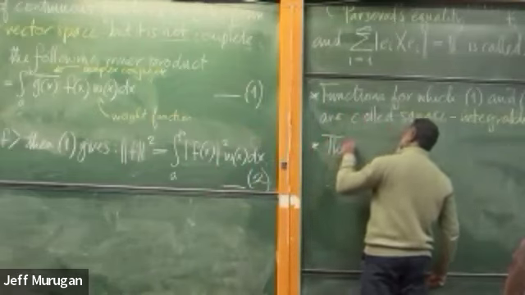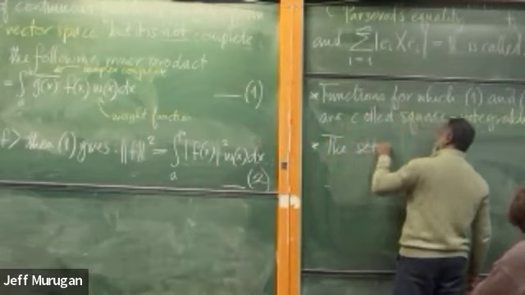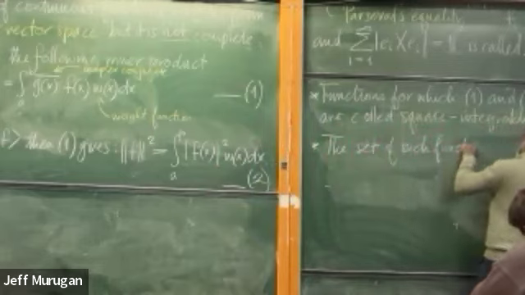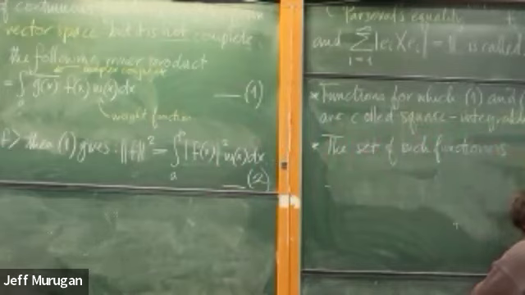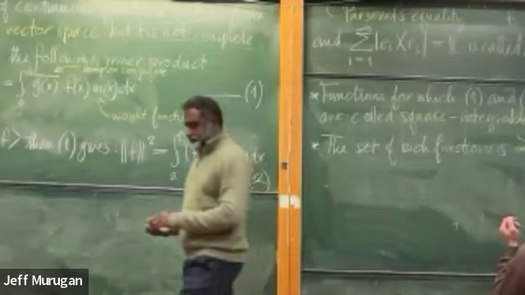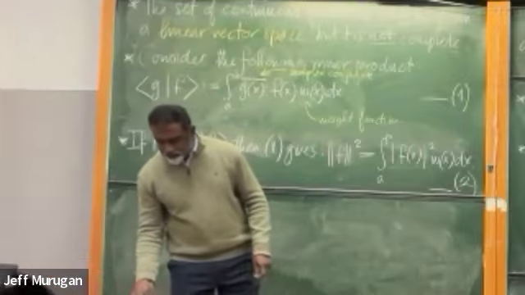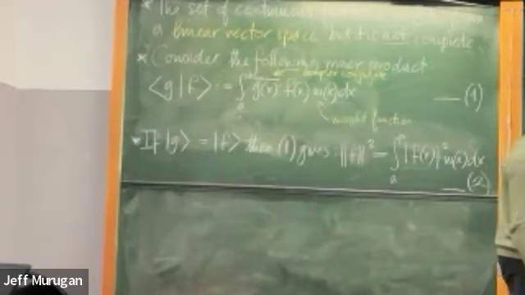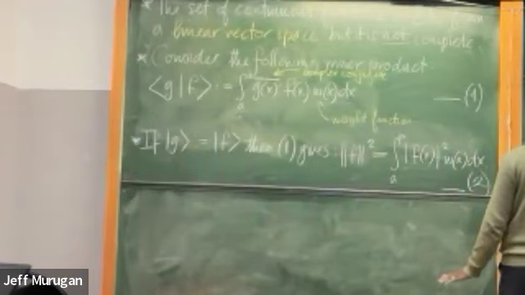The set of such functions is L squared w on the interval from A to B. Right, this is called the set of square integrable functions.